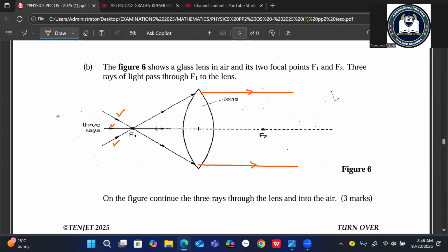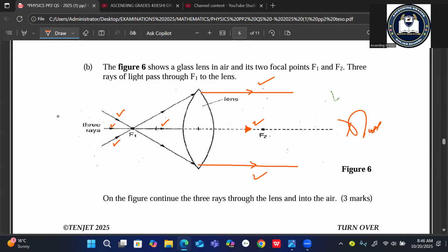Now, the center ray, this one, is passing through the optical center in this manner. So it is going to emerge through undeviated, like that. So this is 1, this is 2, this is 3.